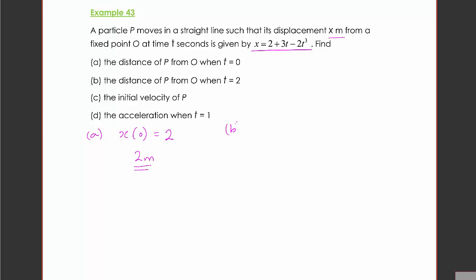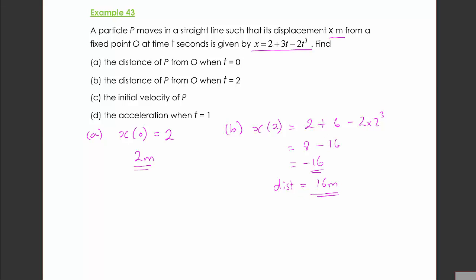And the distance when t is 2 would just be x of 2. So that's going to be 2, add 3 times 2, which is 6, take away 2 times 2 cubed, so that's going to be 8, take away 16, which is negative 16, and distance, of course, would be 16 meters.